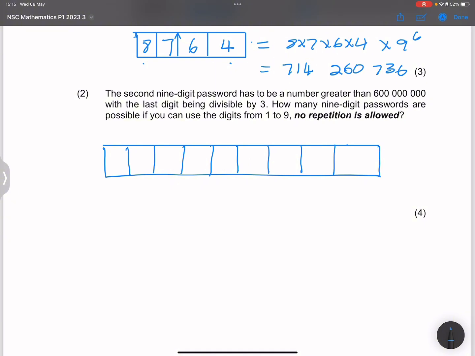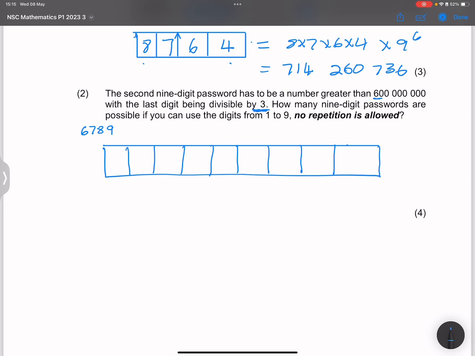So we want to make a 9-digit password, right? A 9-digit code. So now they said it must be greater than 600,000. Now, ladies and gents, and also they said it must be divisible by 3. Now think about it. So that means that the first number must be a number that is 6 and greater, right? So now we've got the numbers 6, 7, 8, and 9.